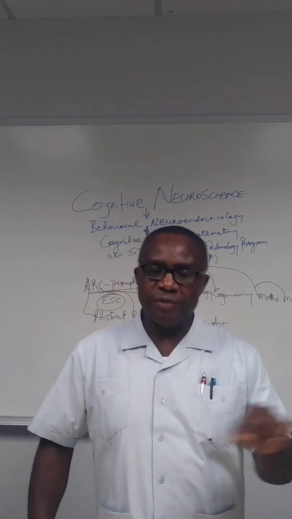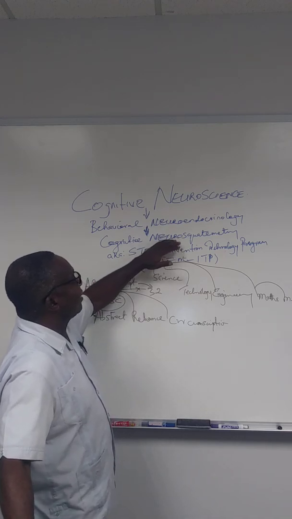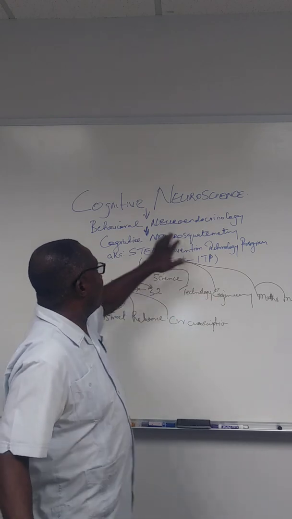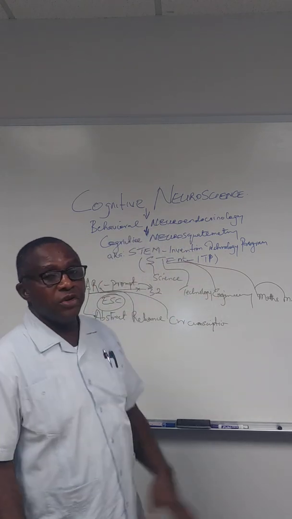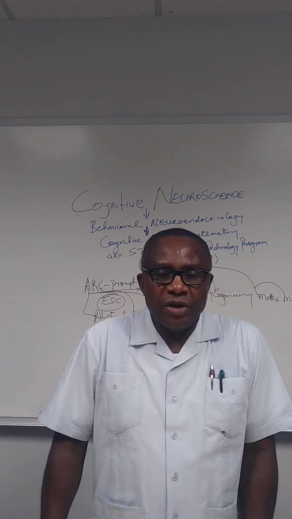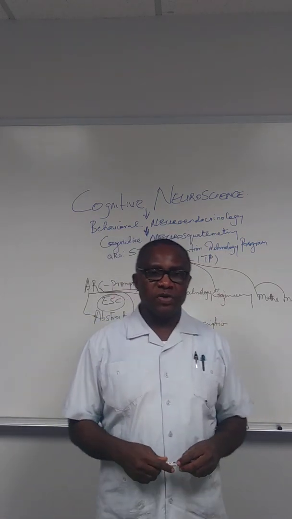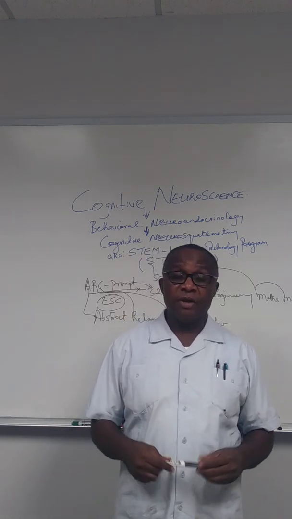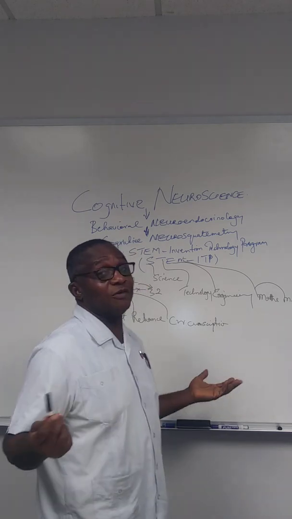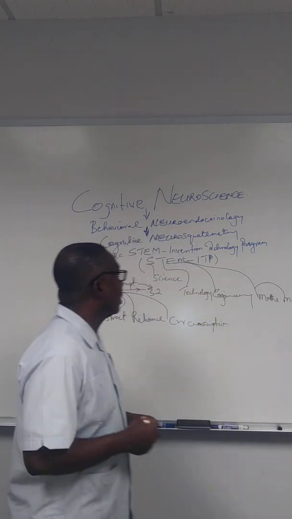Cognitive neurospectrometry is a derivative course from behavioral neuroendocrinology. And behavioral neuroendocrinology is a branch of cognitive neuroscience, a branch of behavioral neuroscience, or a branch of neuroscience. Anyone you choose.